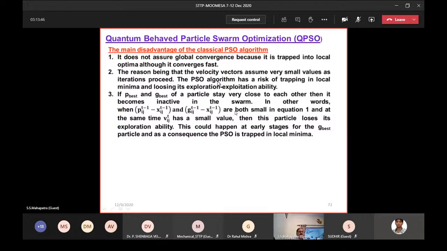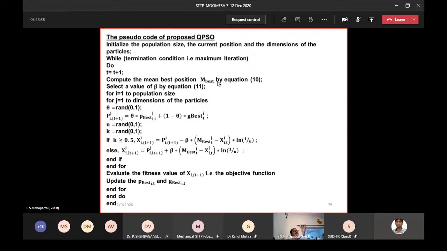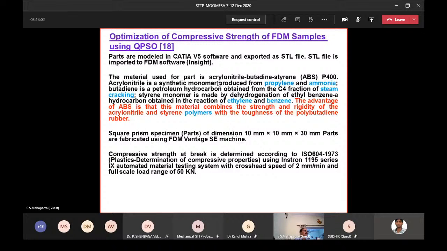Now, in particle swarm optimization, the major problem that arises is that if you use the normal particle swarm optimization, the velocity values go on reducing as the iteration proceeds.